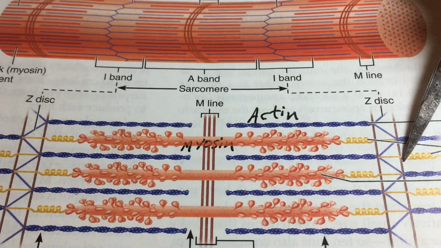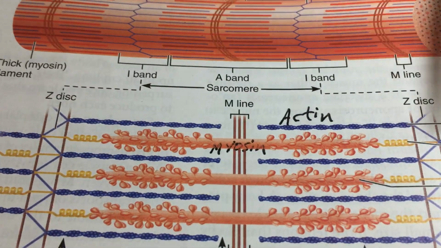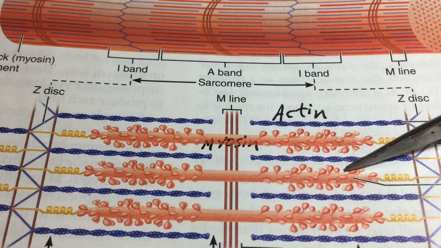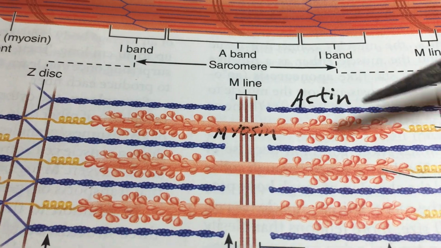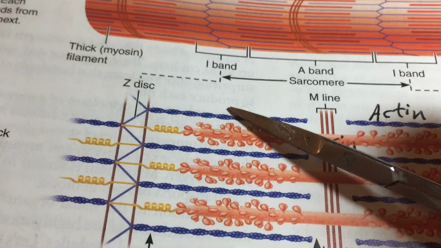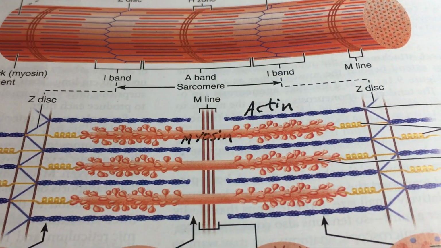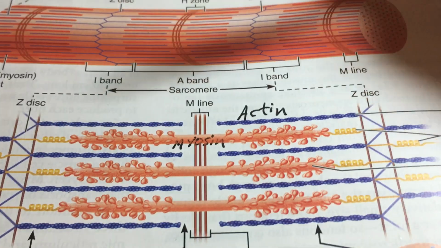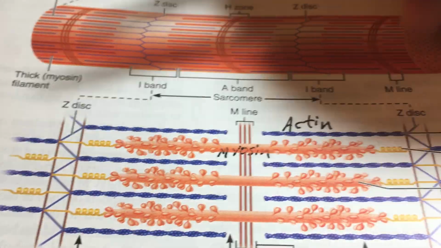That means the two Z lines or discs are going to come closer together due to that change in conformation, because the myosin head binds, and then it bends its little head. It binds, and then it bends its little head. And so we're pulling those two actin filaments together, and we're shortening the distance between the two Z lines.